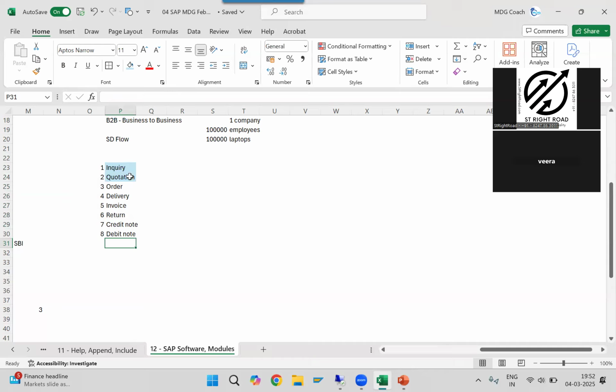So in a B2B scenario, they have a period like 30 days or 6 months to pay. Let's say each laptop is worth 30,000 rupees, just an example I'm saying.